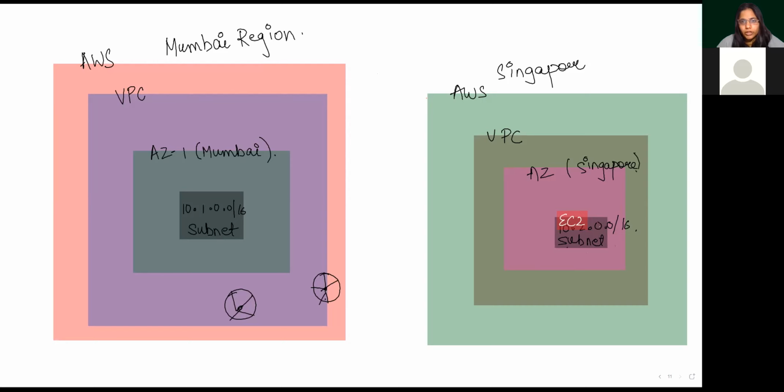Now, I told you we have to create all these. According to our discussion, we have created an AWS account, with one VPC in Singapore and one in Mumbai. Both VPCs, availability zones, and subnets we have created, and with this subnet there must be an attached routing table.